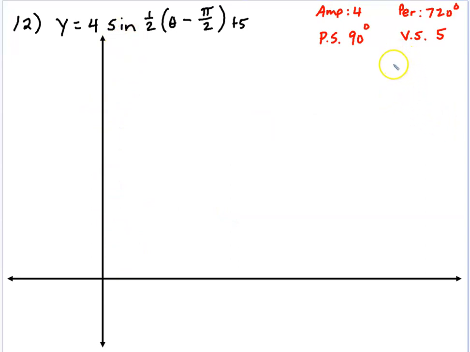So to get those two lines, since this is a sine graph, let's just go ahead and sketch out the ceiling and the floor. You just take this K number and add whatever the amplitude is, and you get 9. Okay, so all right, so that's going to be the upper limit of this graph.